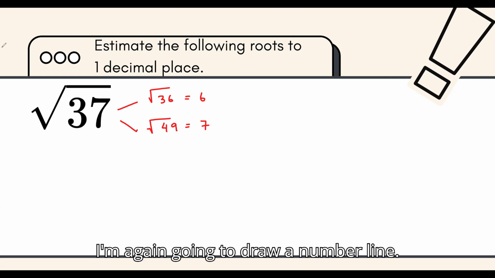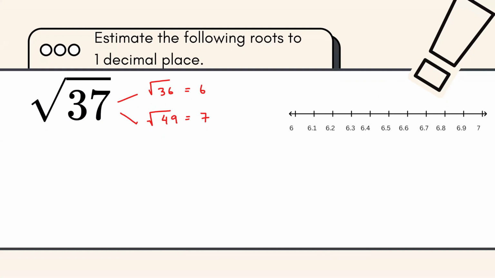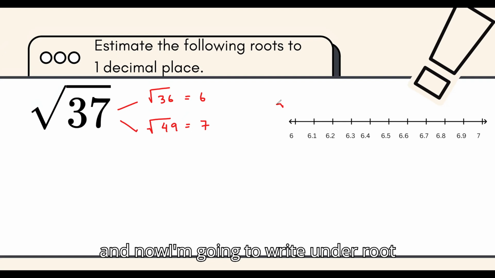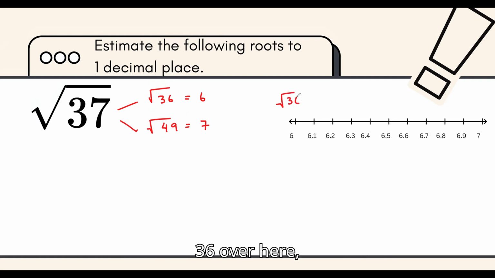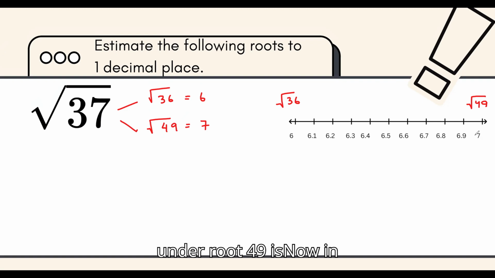Now I'm again going to draw a number line. I'm going to label it from 6 to 7. And now I'm going to write under root 36 over here and under root 49 over here, because under root 36 equals 6 and under root 49 equals 7. Now my midpoint again is going to be somewhere around here.